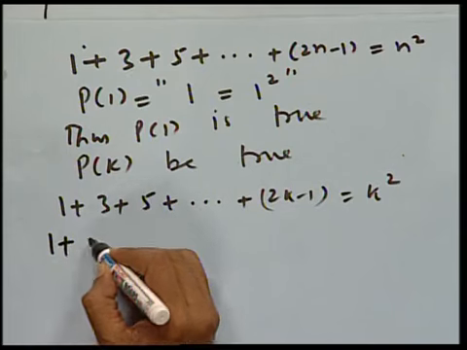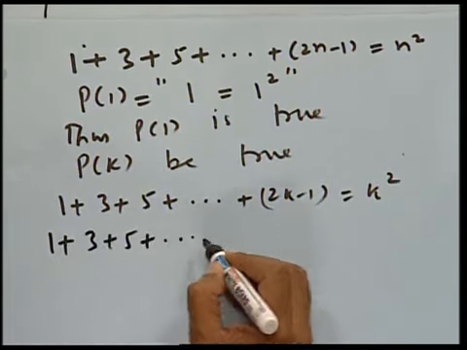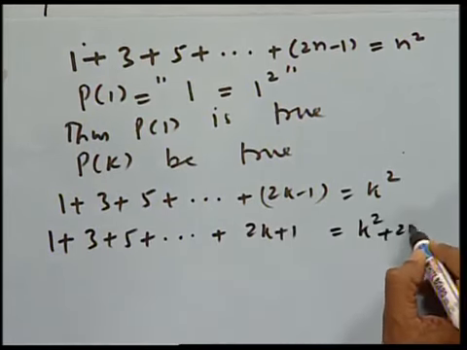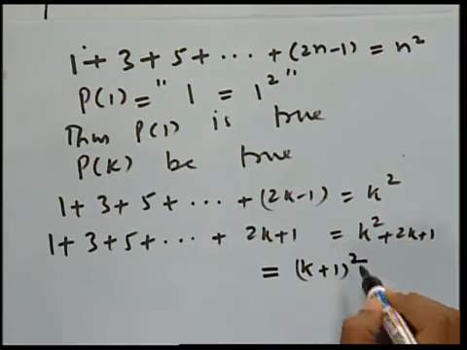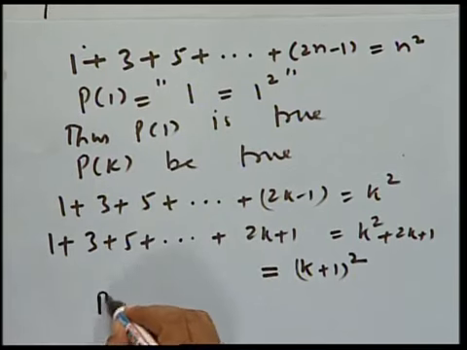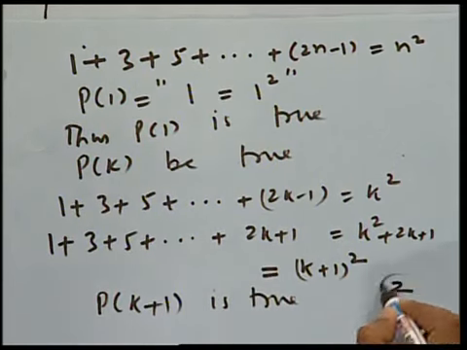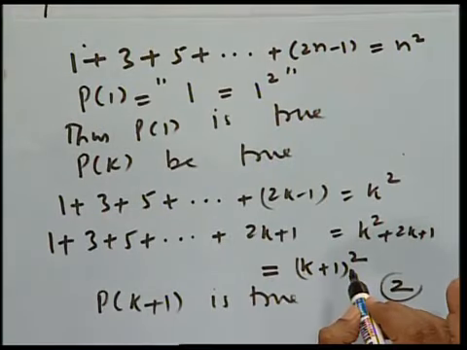Our next task is to verify it for k plus 1, and for this we add one more term on both the sides, which gives us 1, 3, 5 and so on up to 2k plus 1, and here we have k square plus 2k plus 1, which equals k plus 1 whole square. Now, this shows that P(k plus 1) is true. This is the second step, and thus the result is proved for all values of n.